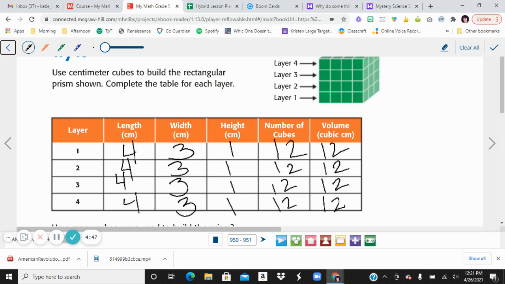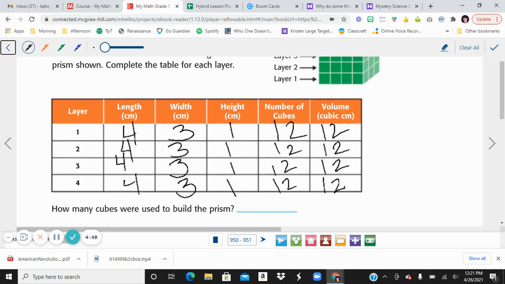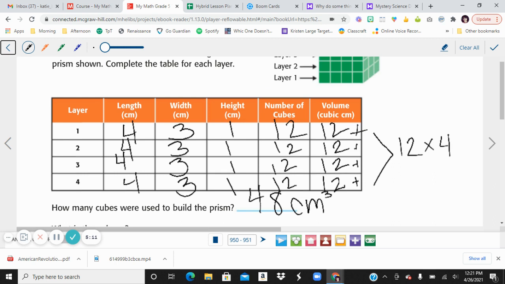If you add all of those together, that whole thing is 12 plus 12 plus 12 plus 12. Or we can do 12 times 4, because there's 4 layers of 12. So total volume is 48 cubic centimeters, or centimeters cubed. You put that little 3 above it.